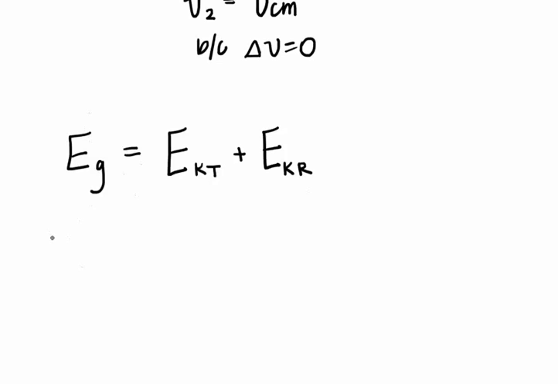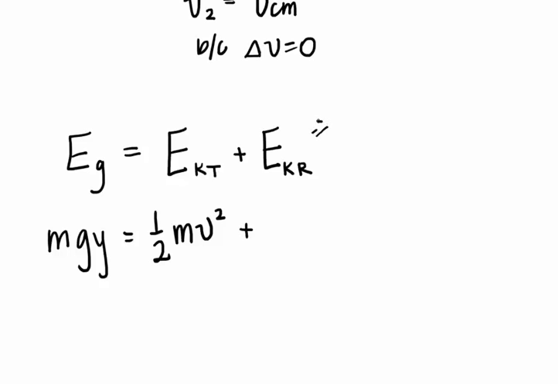So if E sub G is mgy, and kinetic energy of the whole thing would be 1/2 mv squared, and that would be the velocity of the center of mass. Okay. Then I want to kind of look at this rotational kinetic energy as if we've got this disk. And this disk has a bit of mass right here.